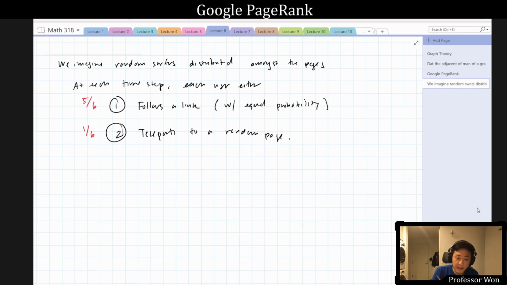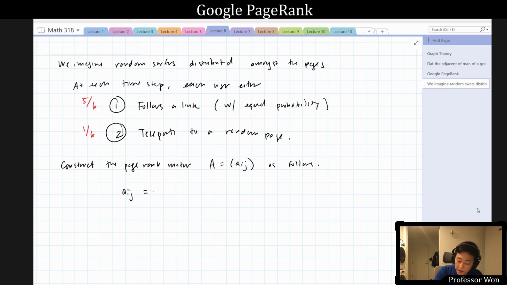Okay, and from this, I'm going to construct a matrix from my web graph. How am I going to do it? We're going to construct the PageRank matrix A, which has entries a_ij as follows.